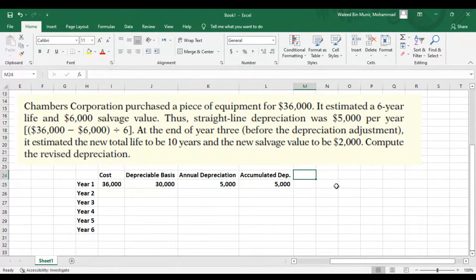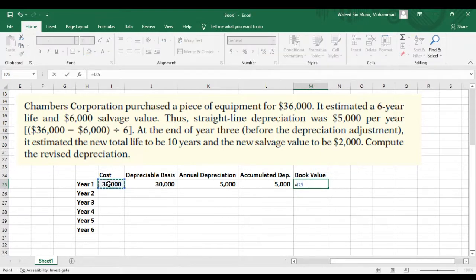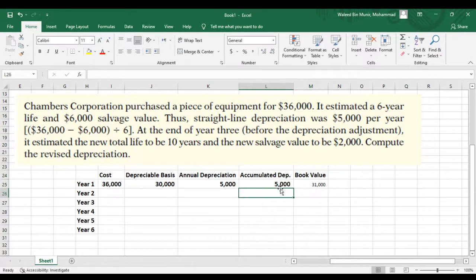And then we have to calculate our book value, which is cost minus accumulated depreciation. Is it clear?